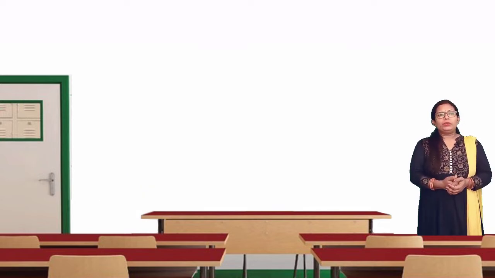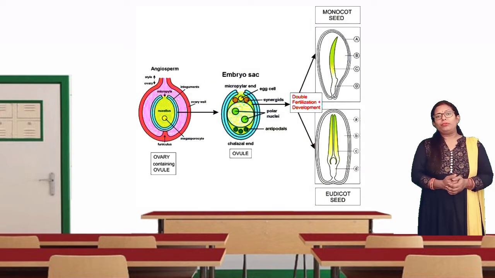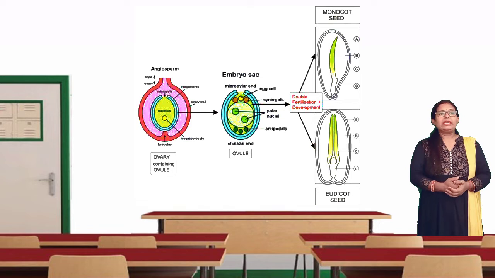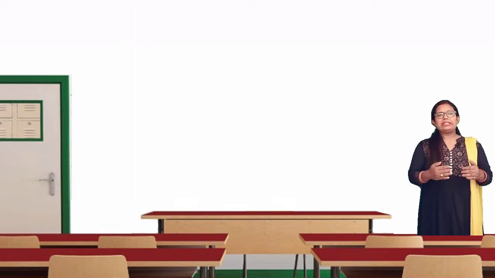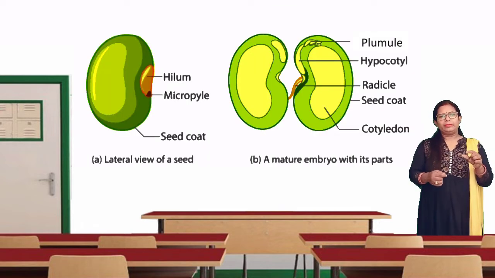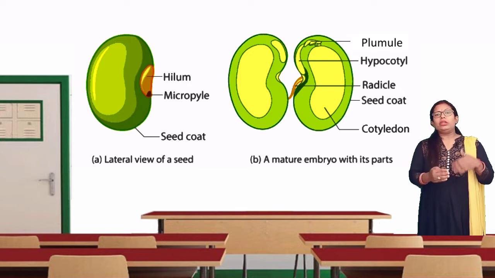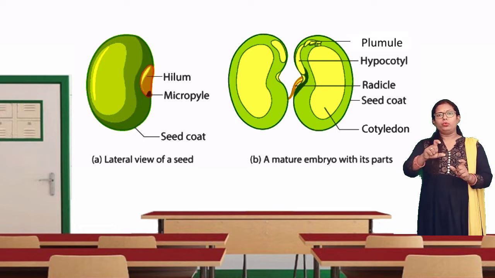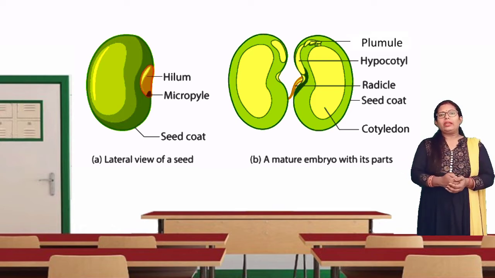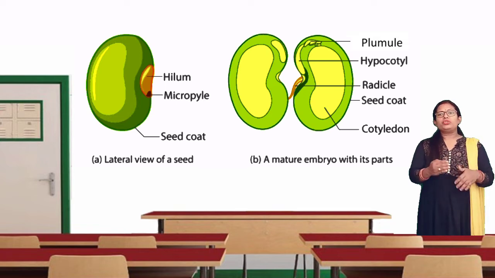Now we will get some more information about seed. As I told you, seed is a mature ovule that is formed after fertilization. It contains a tiny living plant in it that is known as embryo. Embryo consists of a radicle. Radicle is the future root. R for radicle, R for root system. So radicle will give rise to root system in future, and plumule is the future shoot.